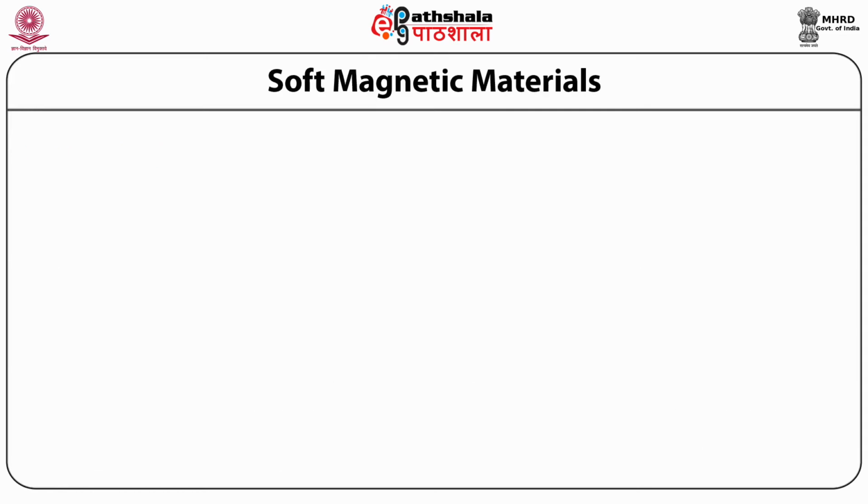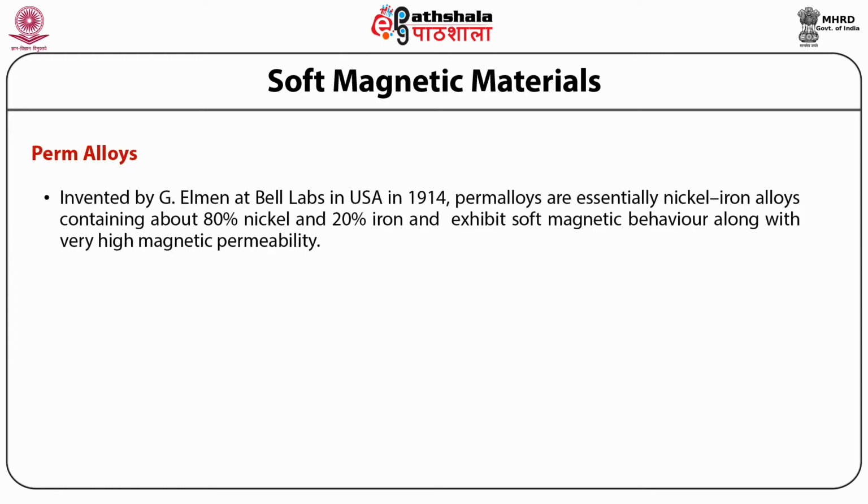Next type of soft magnetic material are the permalloys. The permalloys were invented by G. Elmen at Bell Labs in the USA in 1914. The permalloys are essentially nickel iron alloys containing 80% nickel and 20% iron, and they exhibit soft magnetic behavior along with a very high magnetic permeability.